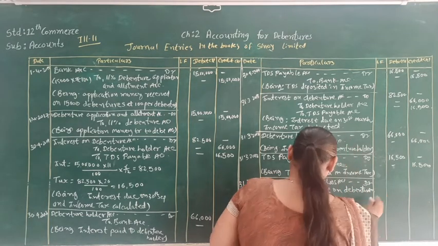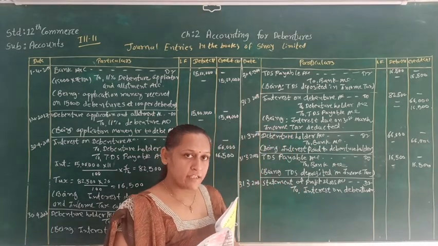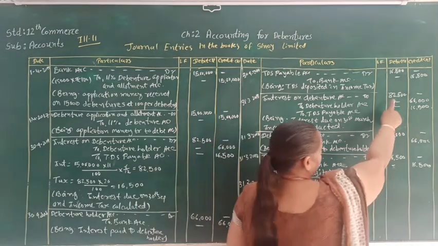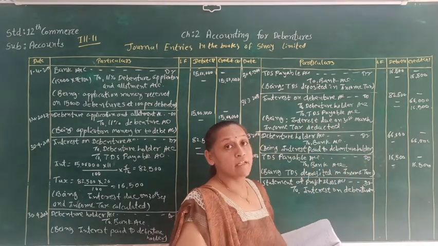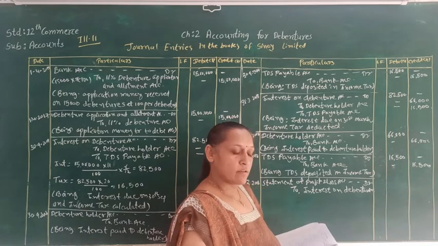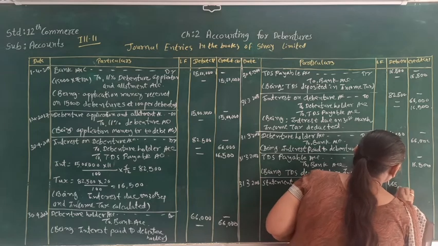As we know, in the year the company is paying interest 2 times, 82,500 and 82,500. Both will be transferred to the statement of profit and loss account, and the total amount will be 1,65,000.